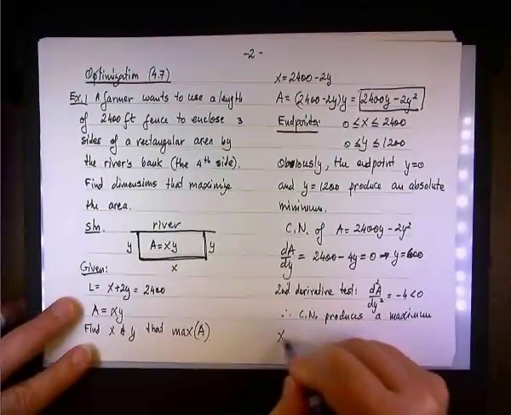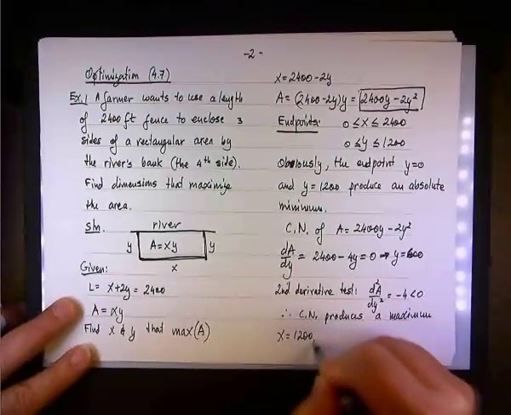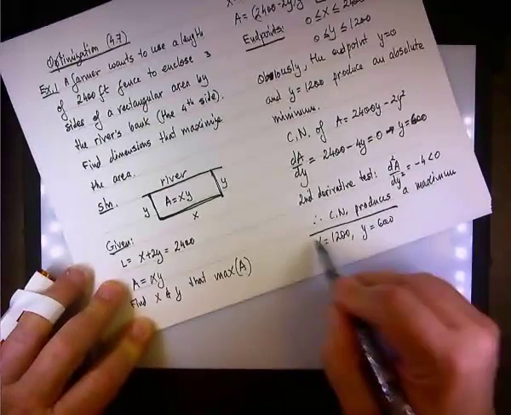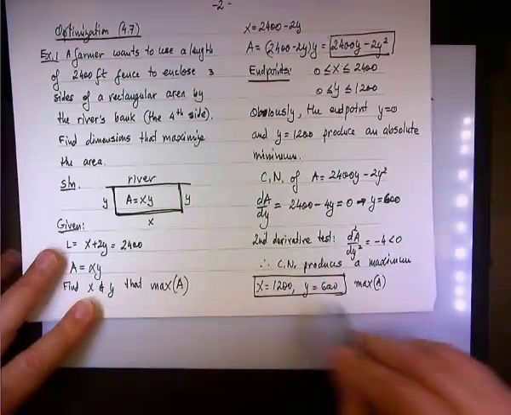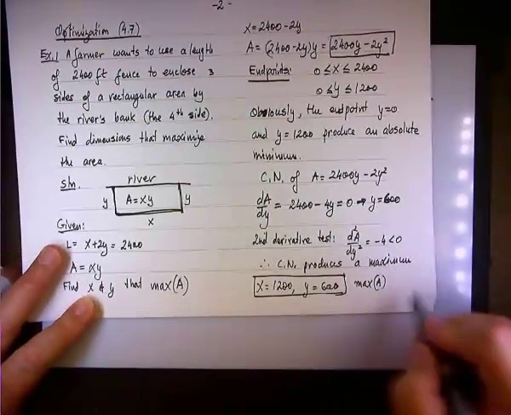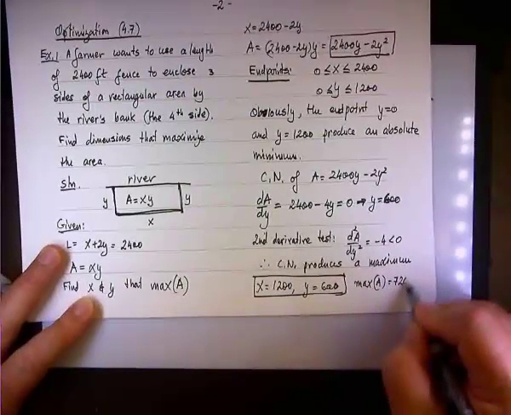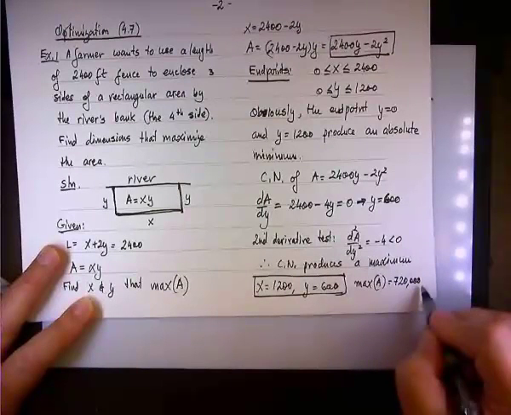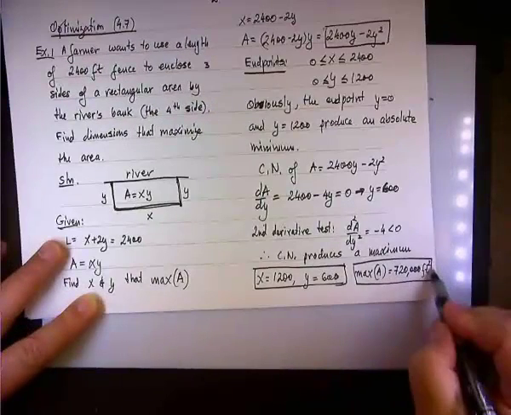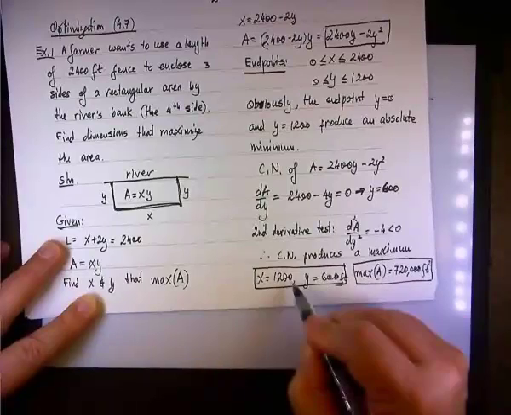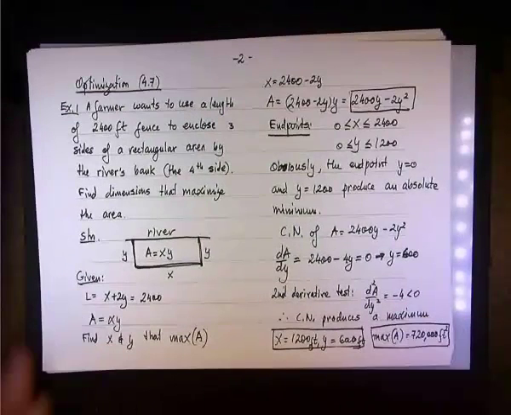So the answer will be x equals 1,200 and y equals 600. Those will be the dimensions that maximize the area. And of course, the maximum of the area will be the product of these two, which is 72 and 4 zeros, so 720,000 square feet. Okay, so this was a quick example.